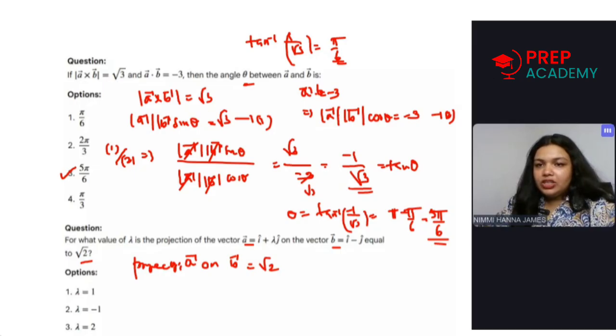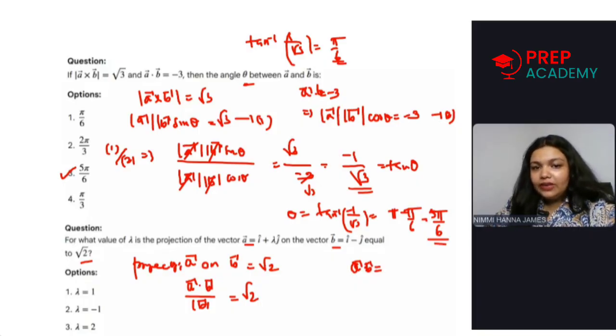By definition, the projection on B is A vector dot B vector, with the modulus of B vector in the denominator. It is equal to root 2, which is given. We can find A dot B and mod B. How do we find the dot product? I components multiplying, j components multiplying, and k components multiplying.